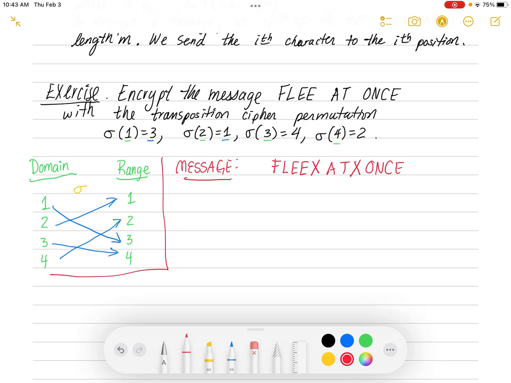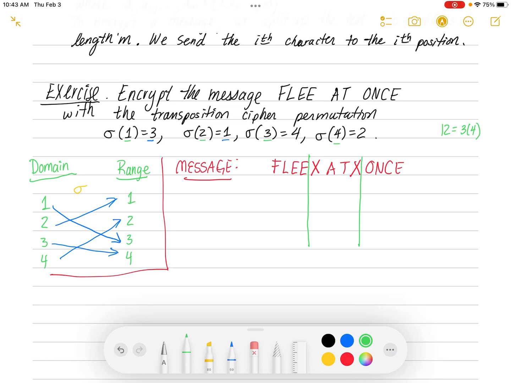Now, since we only have 4 elements in our domain, we're going to break these up into blocks of size 4. So I'm going to have a block of size 4, flee. I'm going to have a block of size 4, XATX. I'm going to have a block of size 4, once. So we have 12 characters, right? 12, which is a multiple of 4, right? 3 times 4. So you have 3 blocks of length 4.